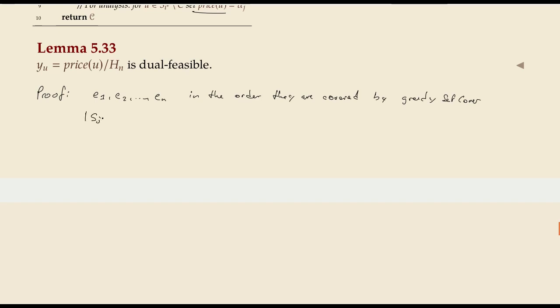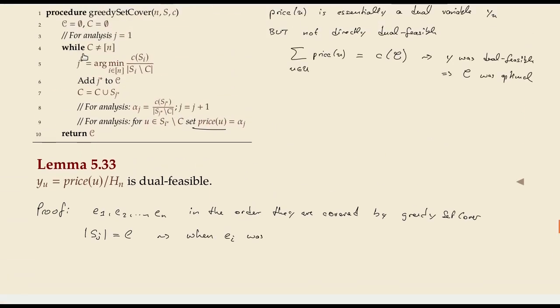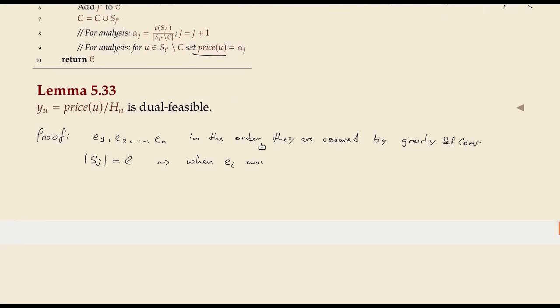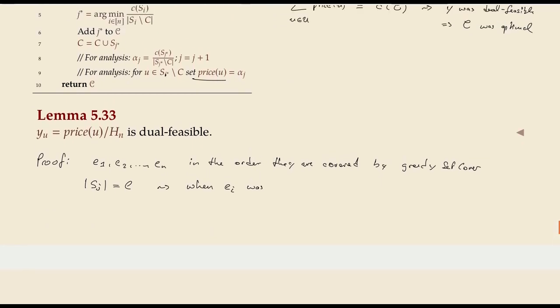Now consider any set of our sets that we can choose from, and assume it has exactly L elements. And consider the phase in the algorithm when ei was considered. So ei is one of the elements that we now added with this. I forgot to rename one. This is a j.